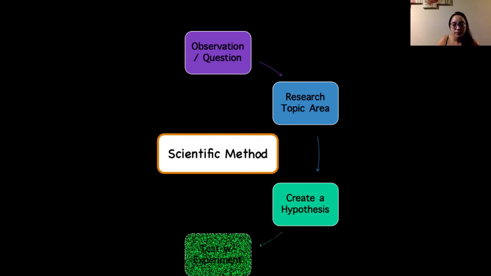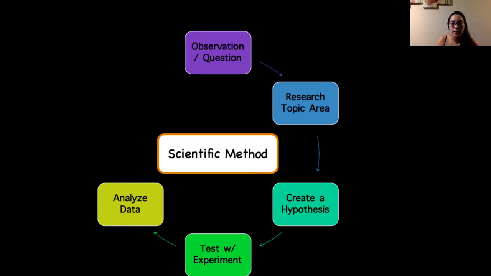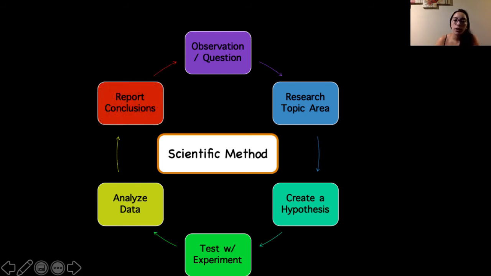We'll talk about hypotheses in later weeks, but for now, you would create a hypothesis. You would test that hypothesis with some experimental design. You would analyze your data, which involves both processing raw data as well as doing the statistical analysis component. And then you would report your conclusions either by writing a paper.